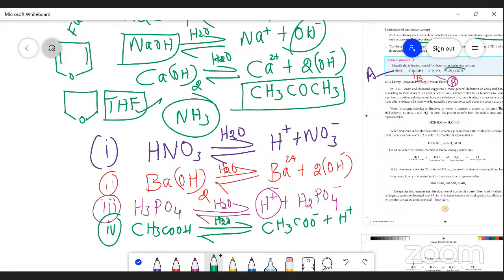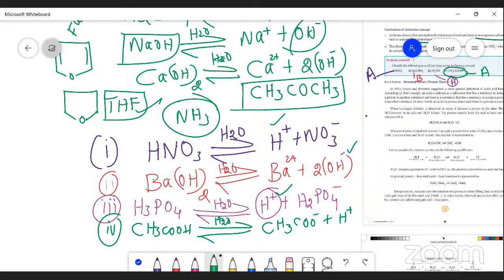Now we have evaluated all 4. HNO3 is an acid because it generates the H+ ion. Likewise, barium hydroxide is a base, since it produces OH-. Then H3PO4 is phosphoric acid; from the name itself it is an acid, and on applying the concept it also generates H+, so it is an acidic substance.